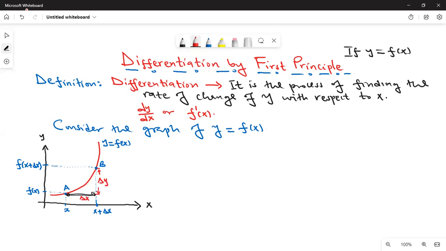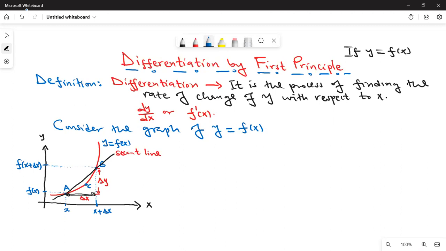So if I join the 2 points A and B with a line, I'll have a straight line joining the points A and B, and this line is called a secant line. Now, let us talk of another point on the curve. Let's call it point C.